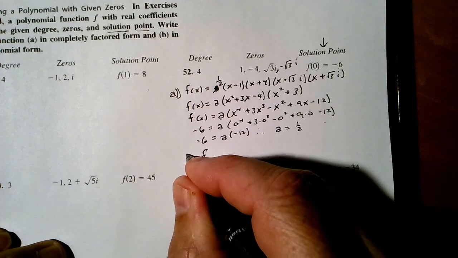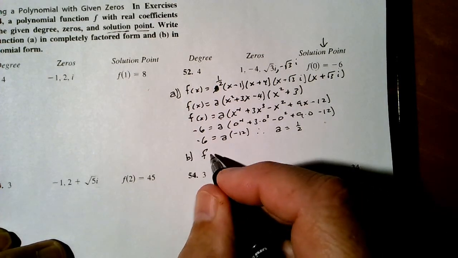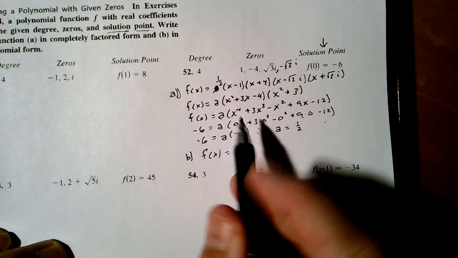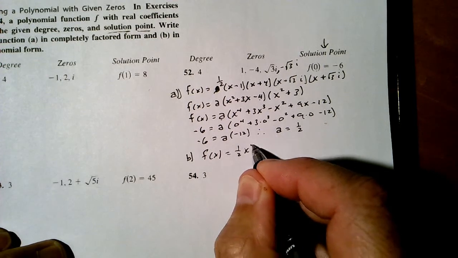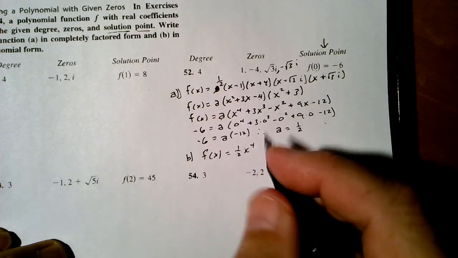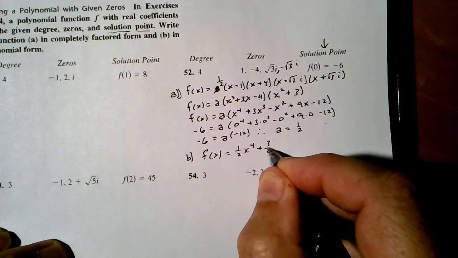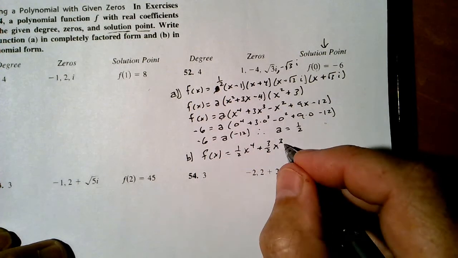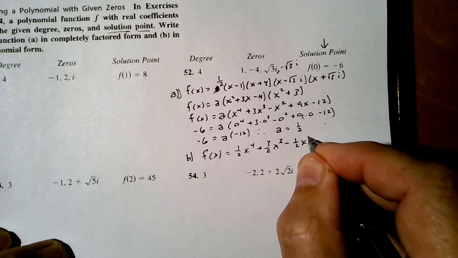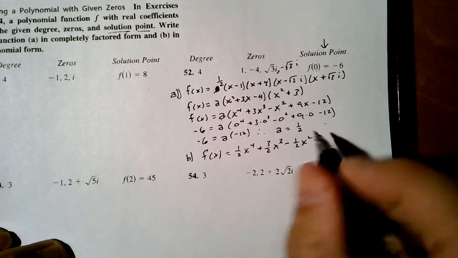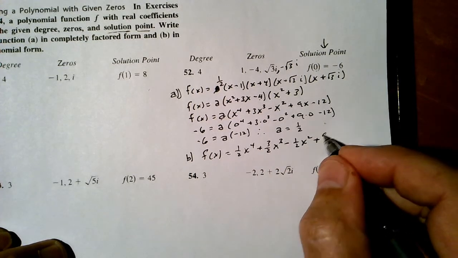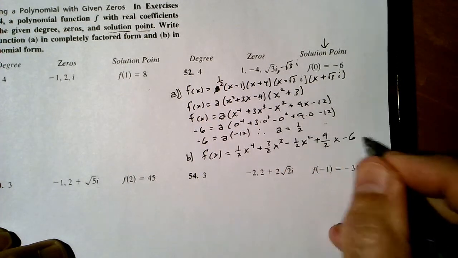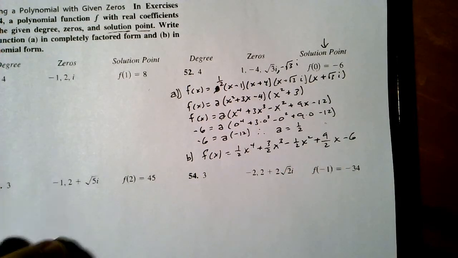And then in polynomial form, I just have to distribute 1/2 through to these. So f of x, part b, is, if a was 1/2, I would get 1/2 x to the 4th plus 3/2 x cubed minus 1/2 x squared, plus distribute that 1/2 here, 9/2 x, distribute the 1/2 here, minus 6.